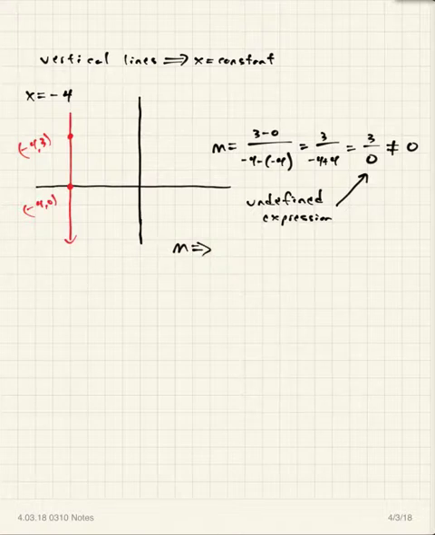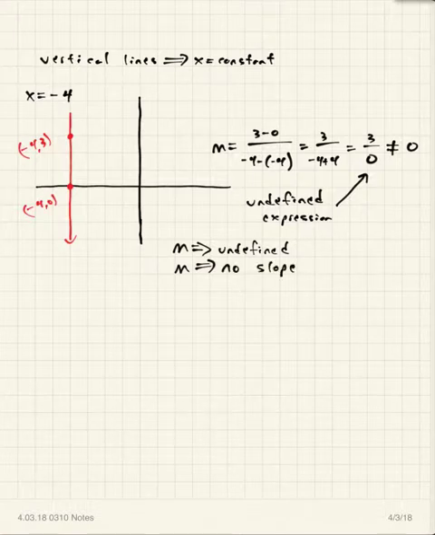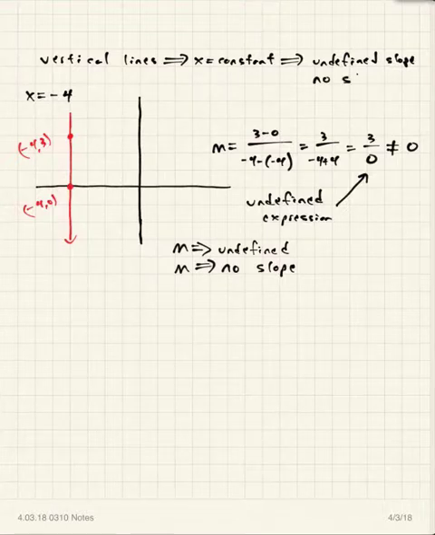And so you can either say that it's undefined slope if you want to, sometimes you'll see in a textbook that it'll write undefined slope. Sometimes you'll see that the textbook will say no slope. I am comfortable with either way, and so that will be fine either way. You write it. So all vertical lines, this is true, that the slope is undefined. So you have an undefined slope, or you could write no slope.